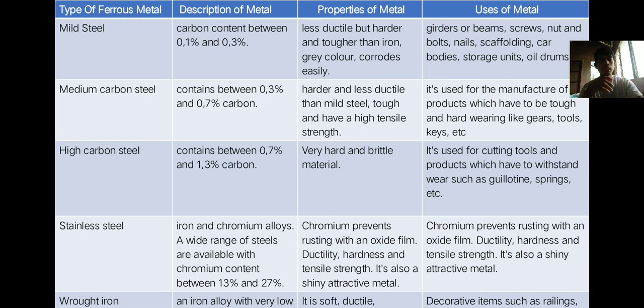The third type of ferrous metal is high carbon steel. Any steel with a carbon content of 0.5 percent or higher is considered high carbon steel.